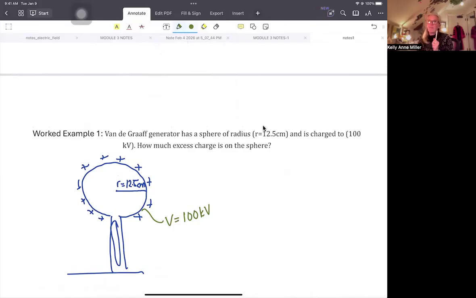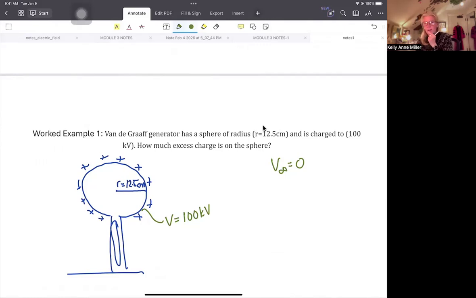And remember, that is only really relevant compared to a reference point. So we're saying that the reference point we're comparing it to is some infinitely far off distance where the potential is 0.